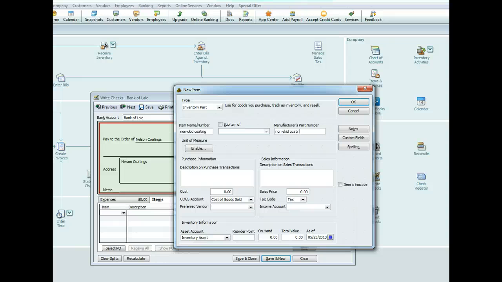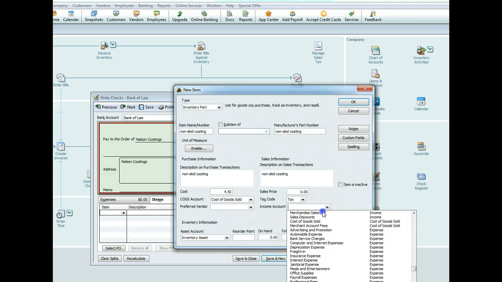Non-skid coating. And we have to figure out how much. So it's $450. We have enough for 100 boards. And again, this is the best estimate we have.